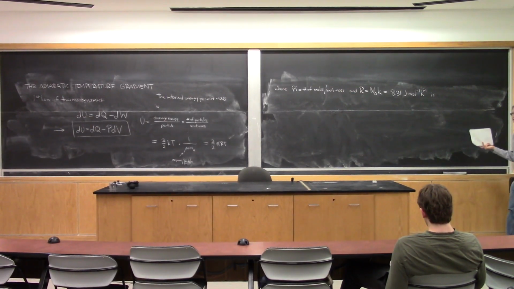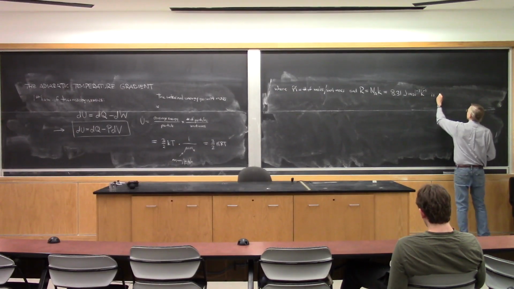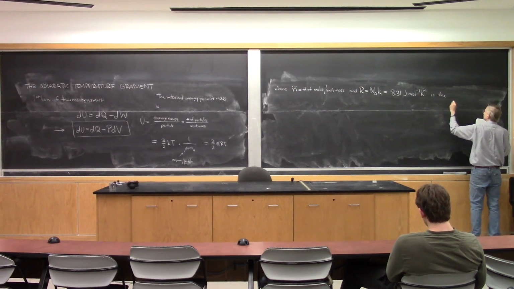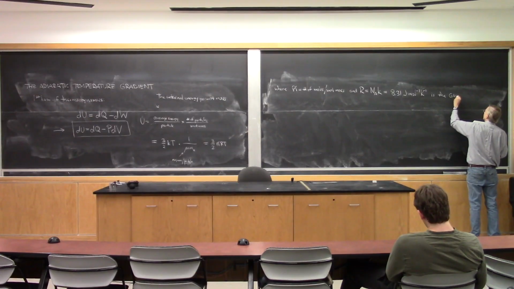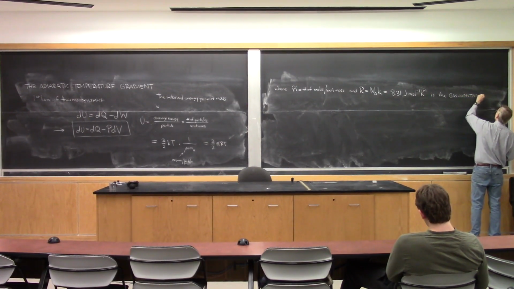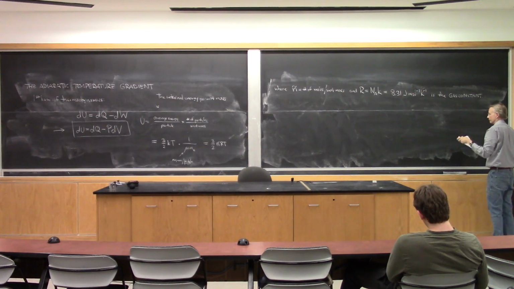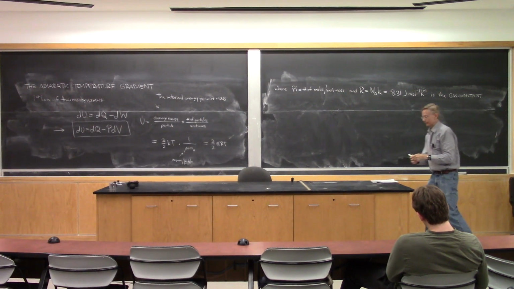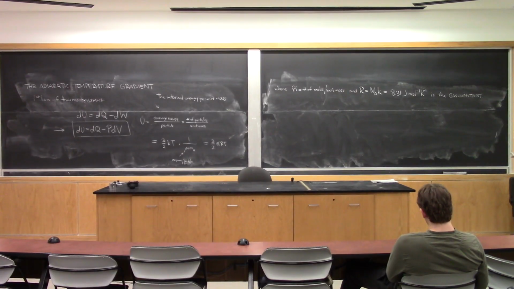The PV is nRT, it's that R, the gas constant. How did we get this? I'll show you in a second why those two things are equal to one another.